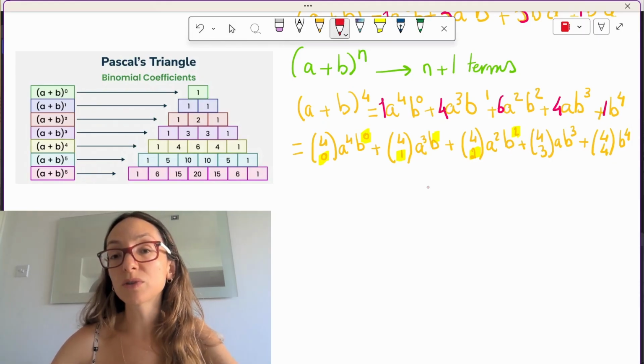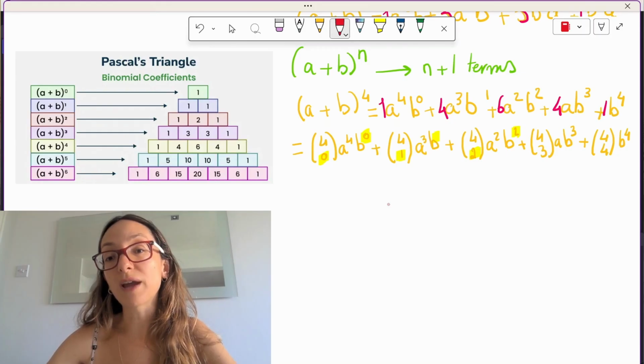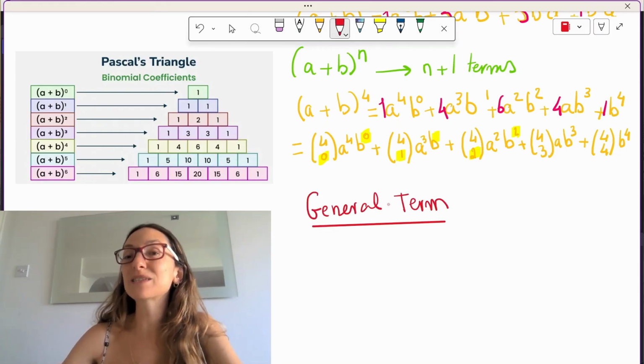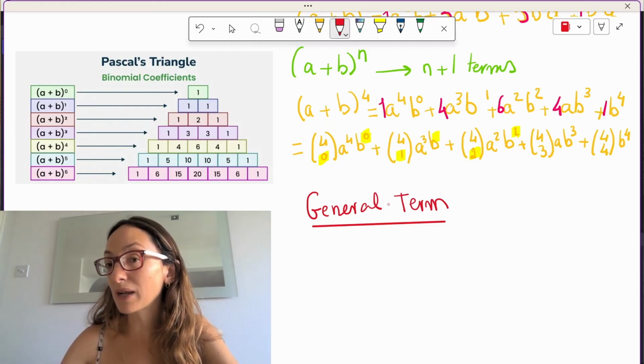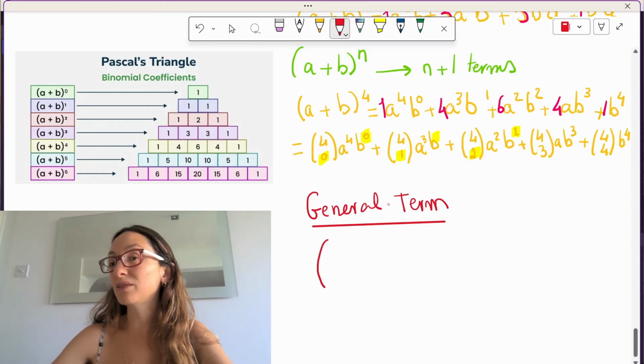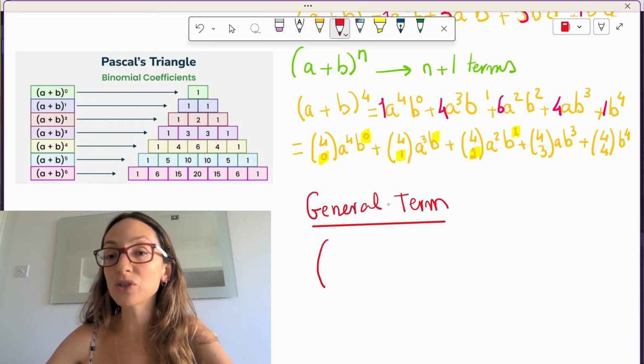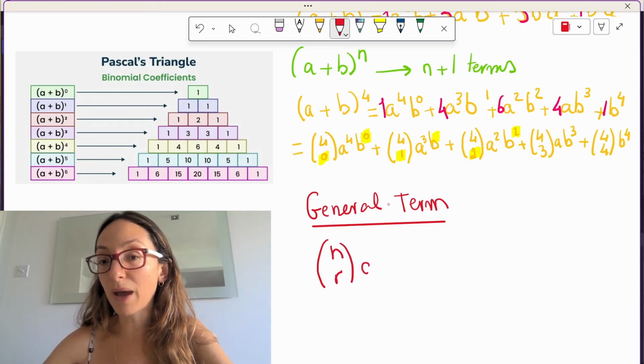So putting all these observations together, we can now write down what we call the general term, which basically is a general expression that describes all of these terms in any binomial expansion. So as we saw, the first part of any term in a binomial expansion is a coefficient nCr, followed by a power of a and then a power of b.